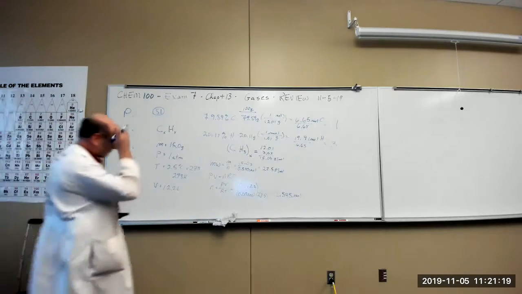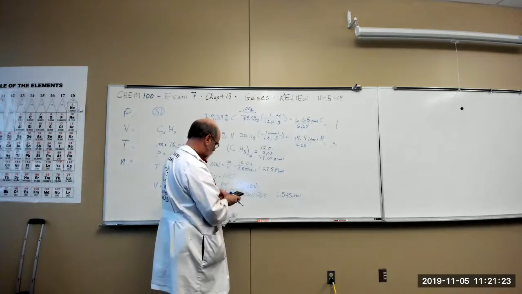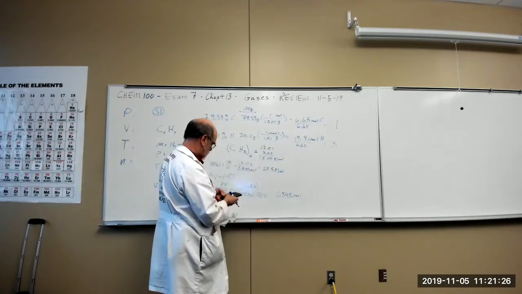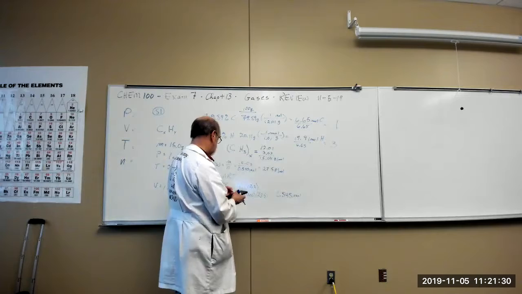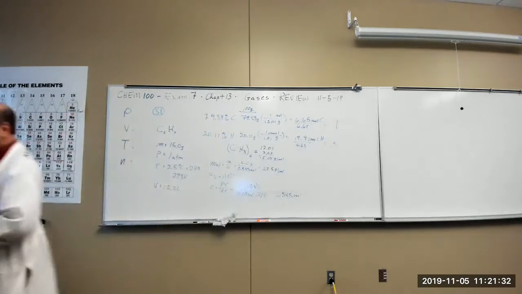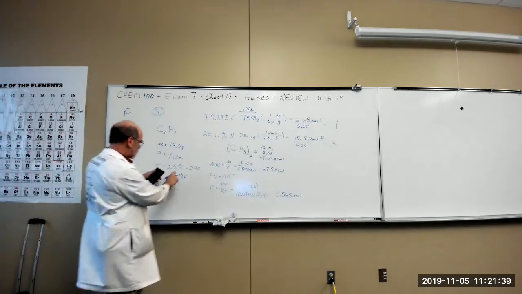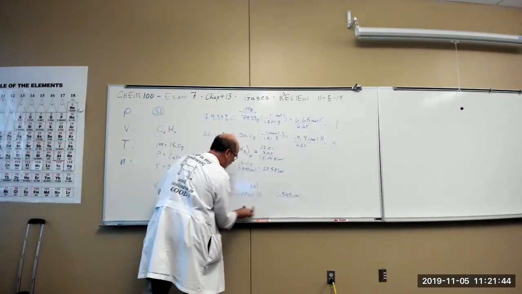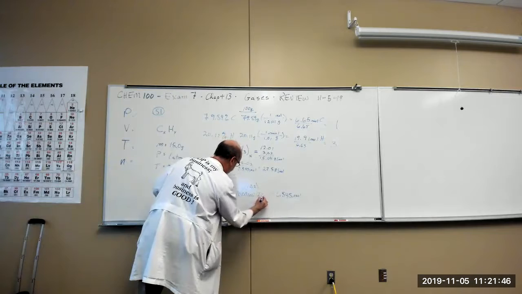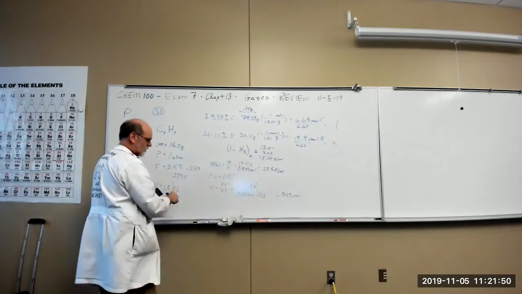Try this one again. 12.2, 0.08206, 273, yeah. 0.08206, 25 and 273 is, that's, 298.